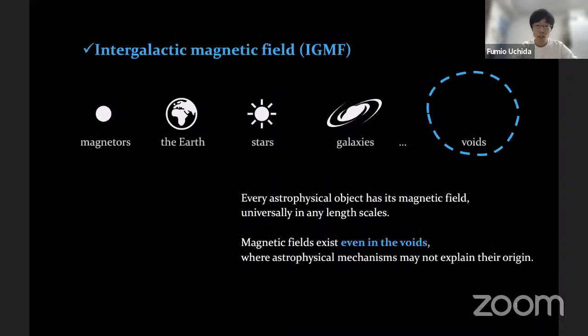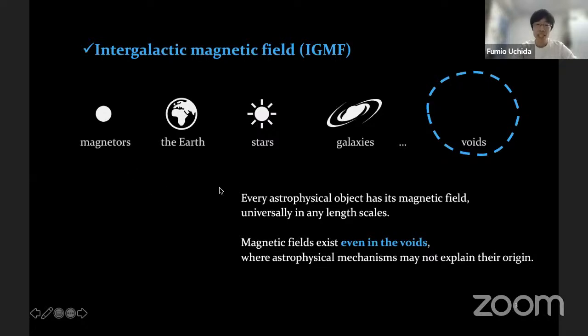As we all know, the Earth has its geomagnetism, and the Sun also has its heliomagnetism. And not only these examples, but also every astrophysical object. An extreme example may be magnetars, for example.